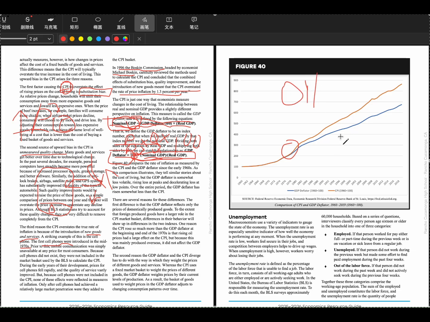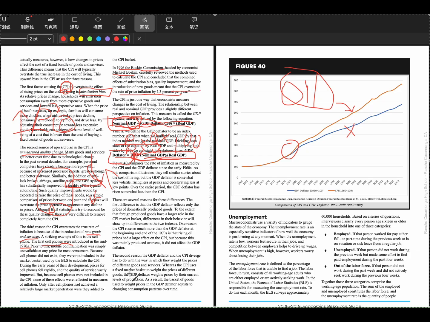Now, GDP doesn't care about oil because oil is mostly foreign produced at that point, and a lot of oil is still foreign produced and not domestically produced. In other words, this oil is factored into the consumer price index, but not into the GDP deflator. So that's the first reason why the GDP deflator is growing slower than the CPI. It's because of oil, and that oil is foreign, not domestic.